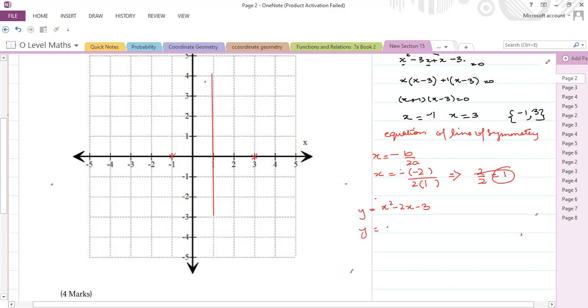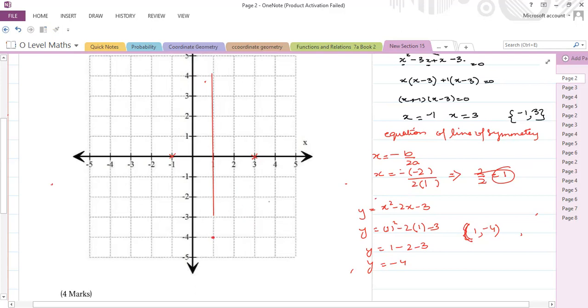So 1 squared minus 2 times 1 minus 3. So we get 1 minus 2 minus 3, so y equals minus 4. So 1 comma minus 4 is the minimum point. This is our minimum point.